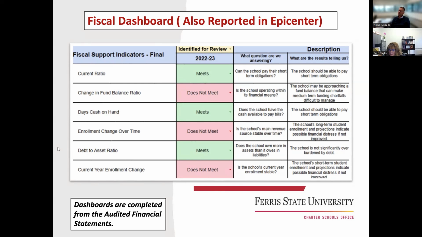You'll receive this report, which describes exactly what we're evaluating, what question we're answering with this evaluation, and what the data is telling us, along with a letter from the CSO asking for a meeting if you've been identified for review or does not meet, asking for a meeting to explain or understand in further detail the situation and how you as school leaders or board members feel about it, and if there are strategies in place to perhaps turn these situations around or improve them in some meaningful way.